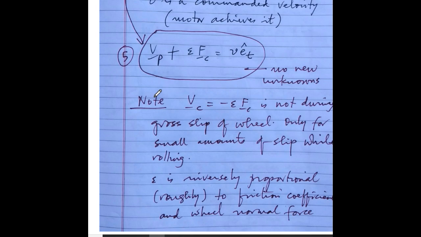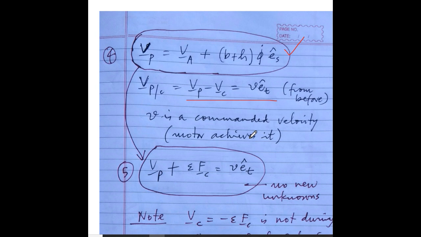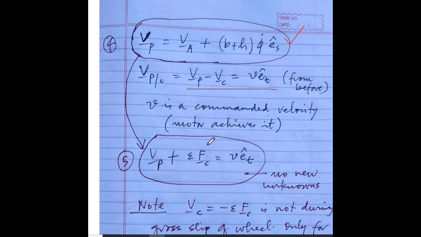So here we are. The velocity of P is given by this expression, and the velocity of P relative to C is given by the wheel rotation only, and the velocity of C, as we agreed earlier, is given by that slip constitutive relation, otherwise the problem has nothing. And this velocity of P relative to C from before is the rotation given by the wheel rotation rate.